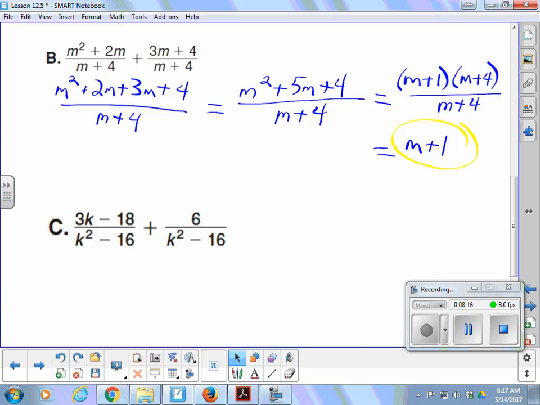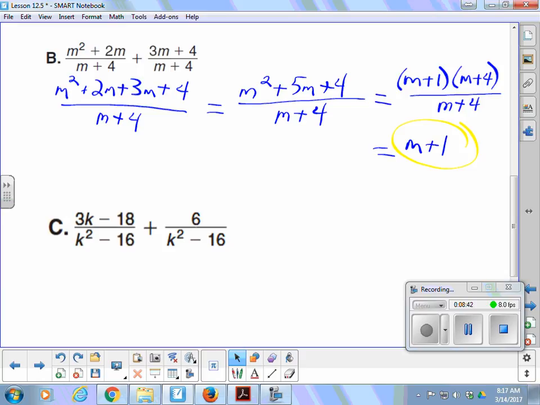You have to factor that. This right here factored is that.